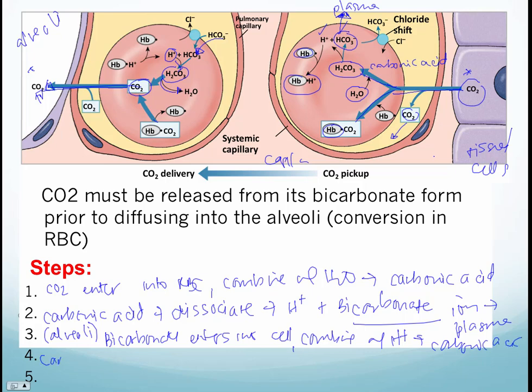And then here, carbonic acid will dissociate to form carbon dioxide and water. And what's carbon dioxide going to do? It's going to leave the cell by diffusion. Okay, so pretty straightforward. And just make sure you know the predominant form that carbon dioxide is going to take as it circulates the blood.